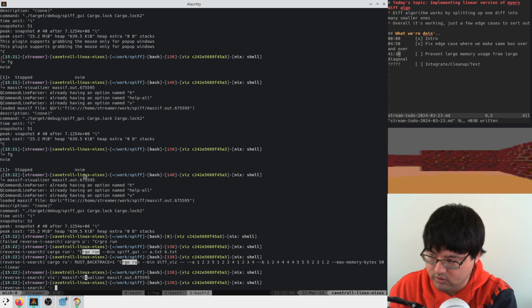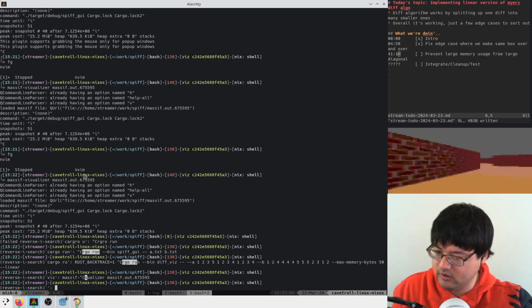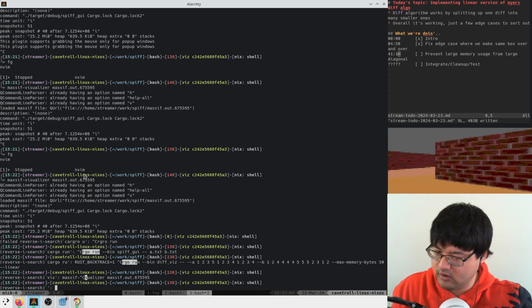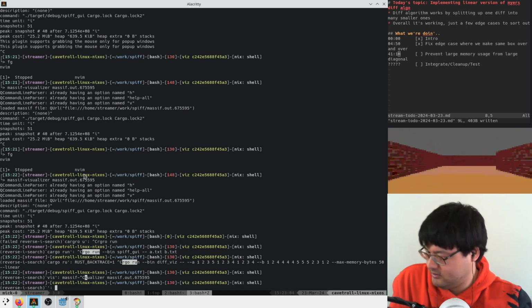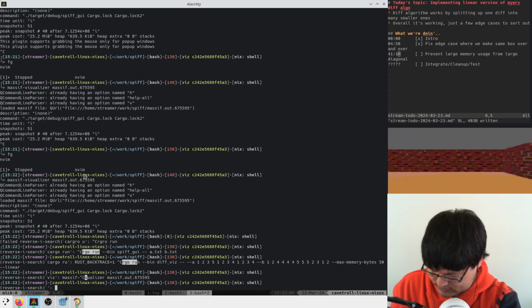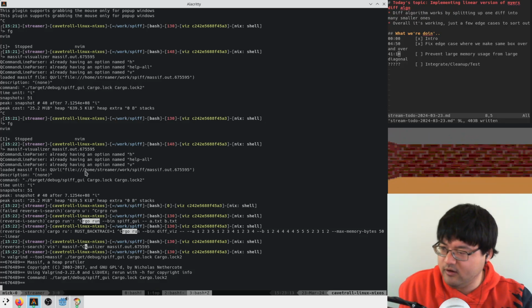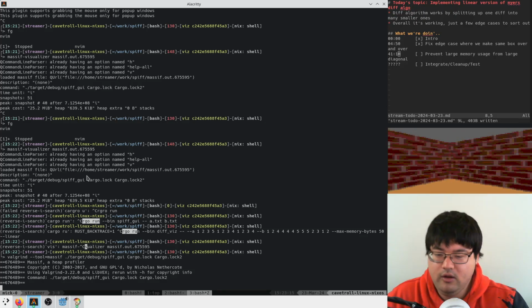Because our maximum limit was 100, it only split until it needed under 100. So what's the tool here? Valgrind, tool massive. Let's generate the diff again, but lower the limit by a lot.